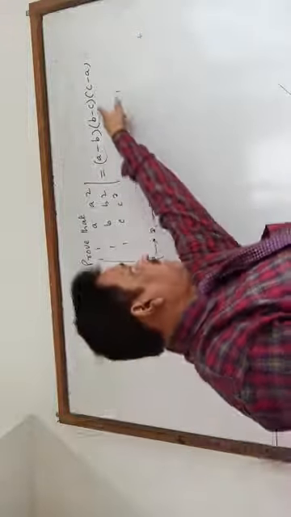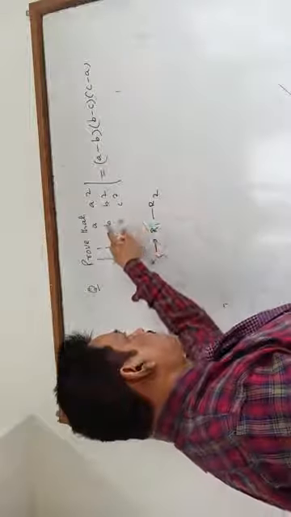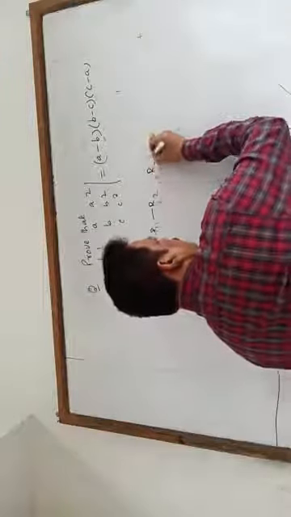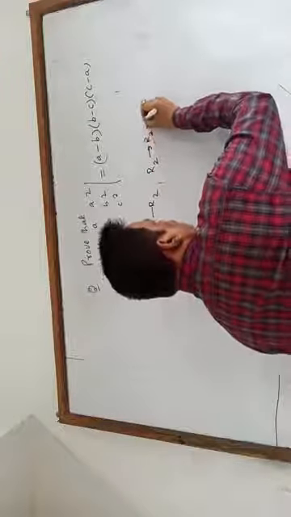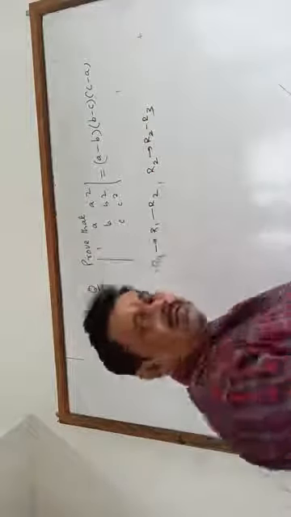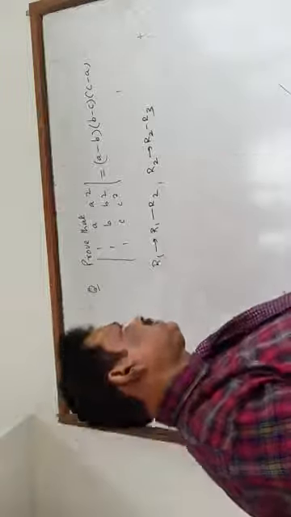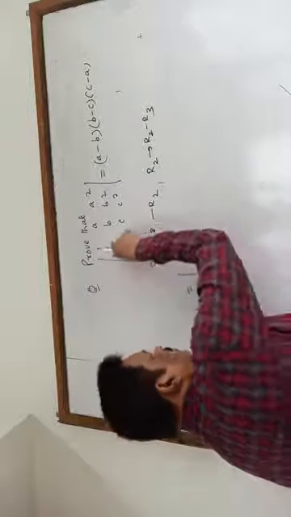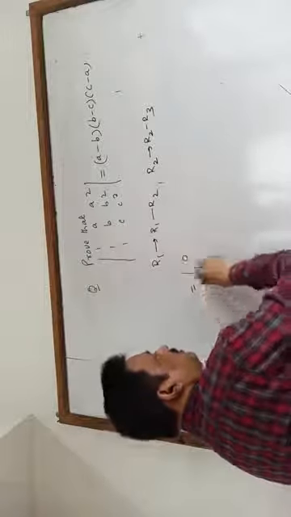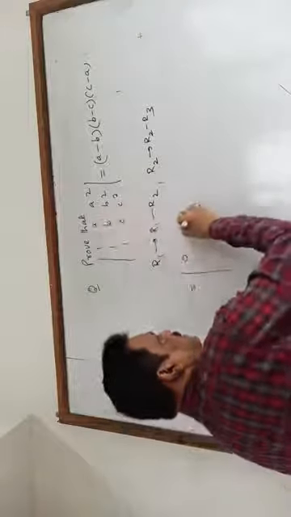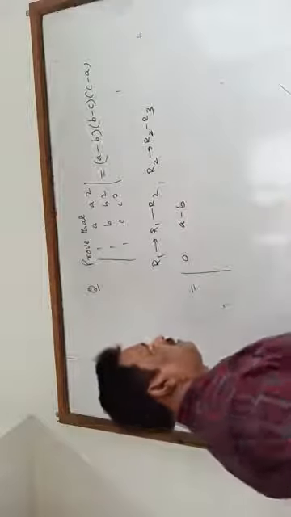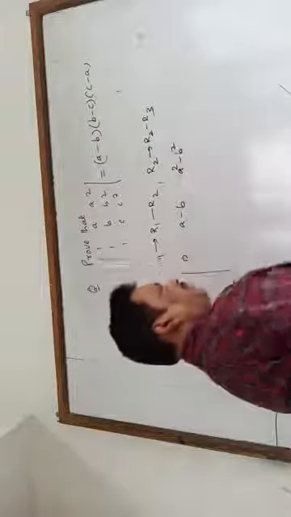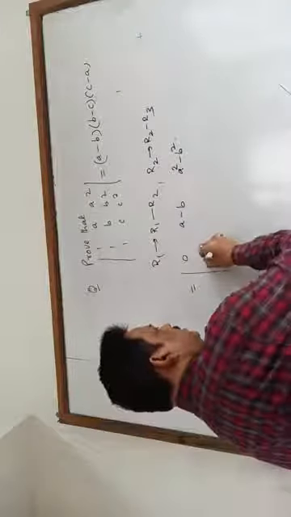How to get b minus c? Now this minus this: row 2 as row 2 minus row 3. At a time only you can do two operations. So what do you get? It is 1 minus 1, 0. This minus this, a minus b. This is a square minus b square. Similarly, this is 0.